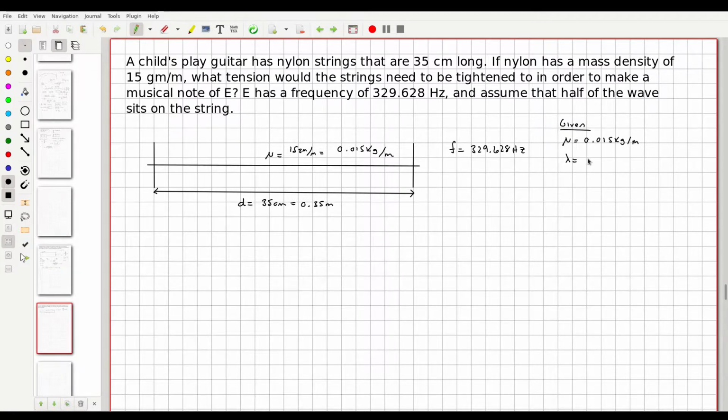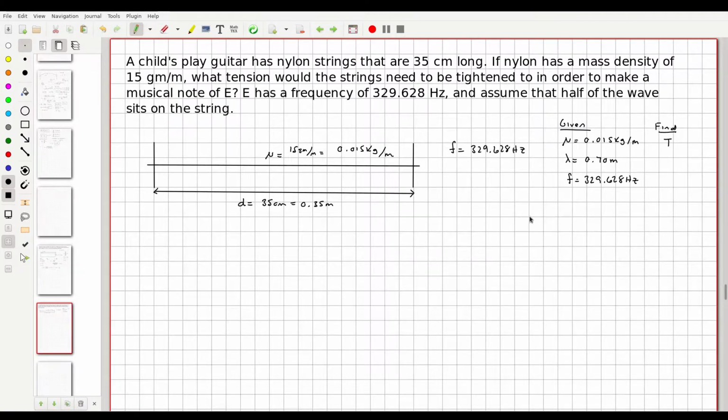But we need to note the fact that it has 2 significant digits. Okay. Now, so we know this. We also know the frequency of our musical note, which is 329.628 hertz. And what we're trying to find is T.